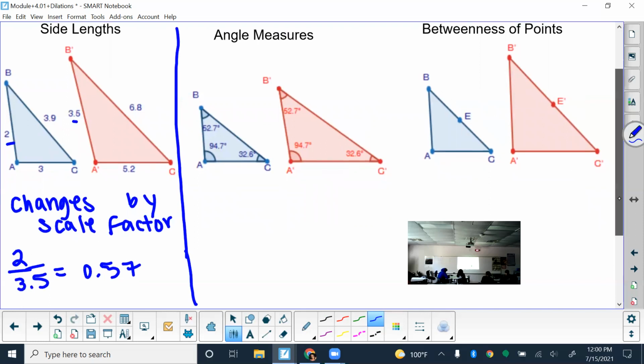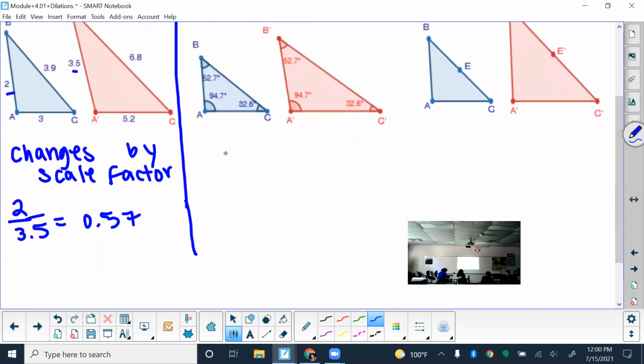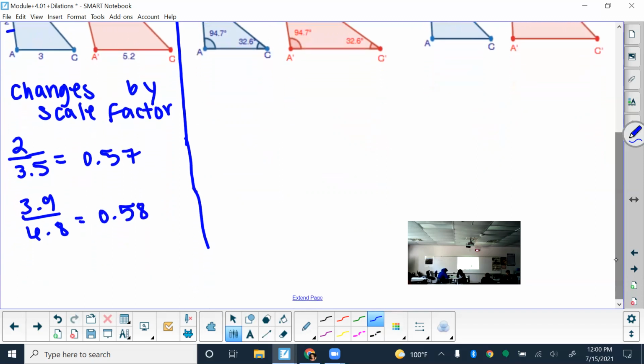If I do the same with all the other sides, keeping the corresponding sides together, so I have 3.9 divided by 6.8, I get the same decimal. Actually, it's off by 0.01, but you get the picture. They probably just rounded a little differently when they were making their pictures.